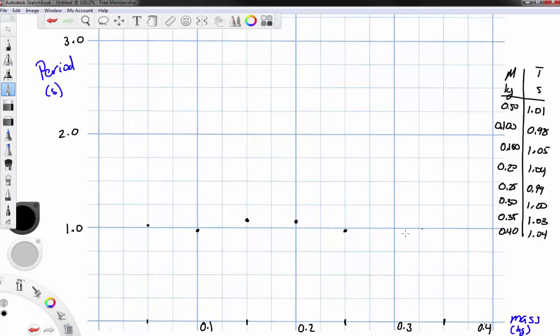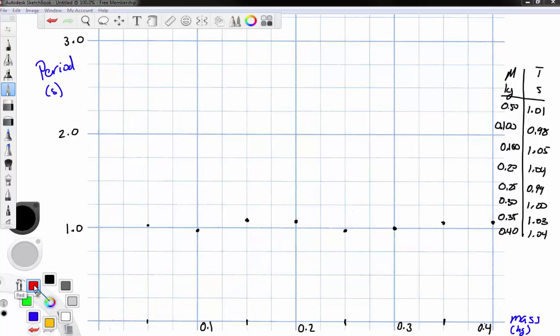At 300, I was right on the 1.00 seconds. At 350, I was just a little bit above it. And at 400, I was also just a little bit above it. So this right here is an approximation of what my graph might look like.